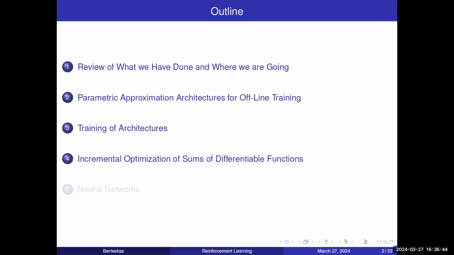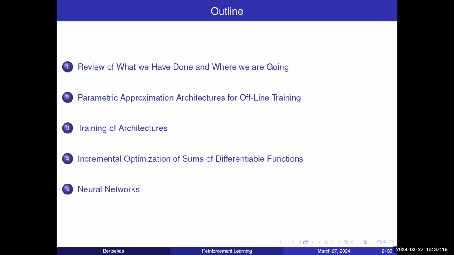And then after the break, we're going to talk more generally about some incremental optimization methods for optimizing a large sum of differentiable functions. Within that context, you can see the training of architectures would be a special case where all those differentiable functions are functions of this parametric architecture.